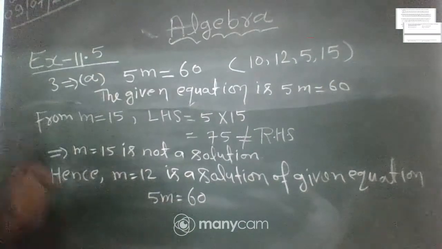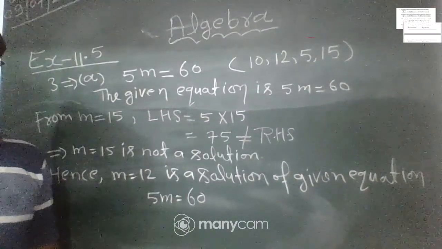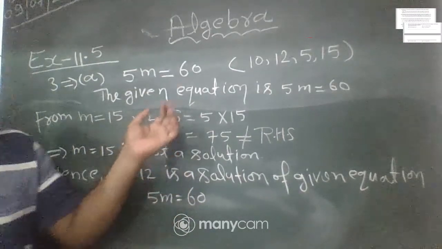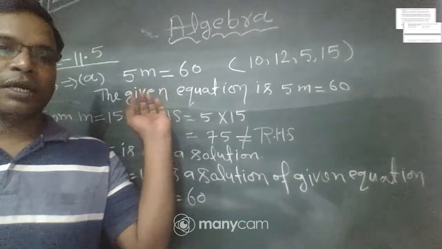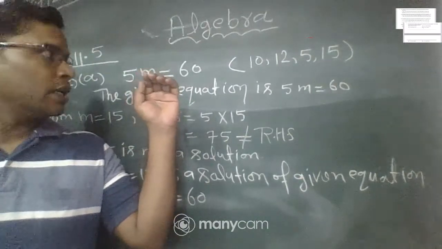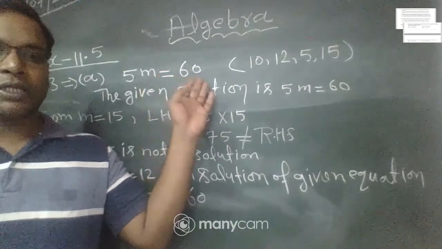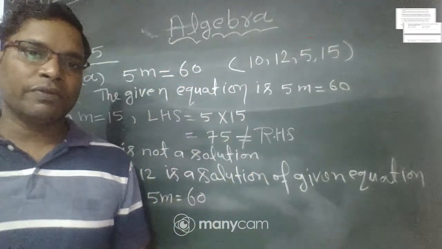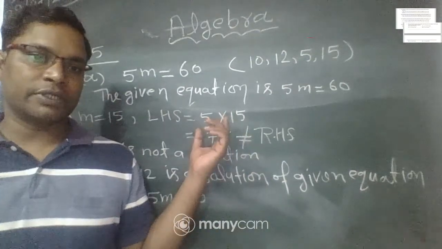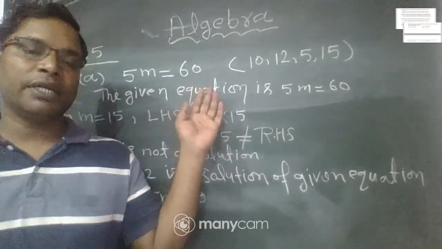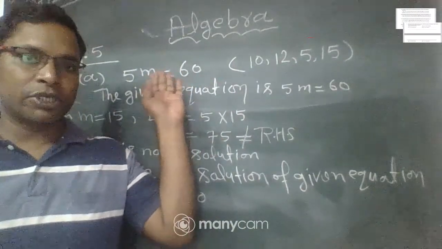I hope all of you understood such type of problems. First we take the options one by one and put them in the left hand side, and for whichever option the left hand side is equal to the right hand side, we can say this is a solution of the given equation. In this question, 5m is equal to 60.